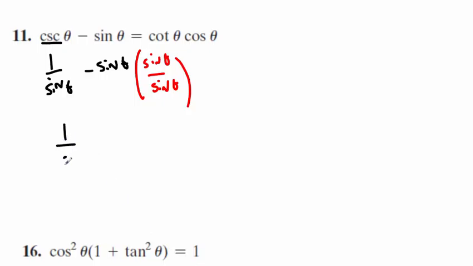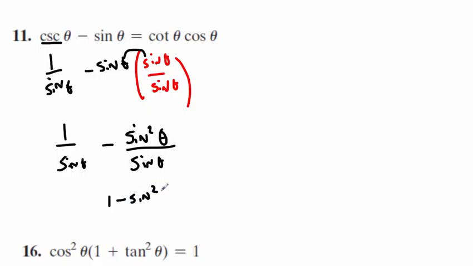So I have 1 over sine theta minus sine theta times, so if I multiply those, sine theta times sine theta is sine squared of theta, divided by sine of theta, right? So now that I have a common denominator, I can put those together. So what is 1 minus sine squared theta over sine of theta?